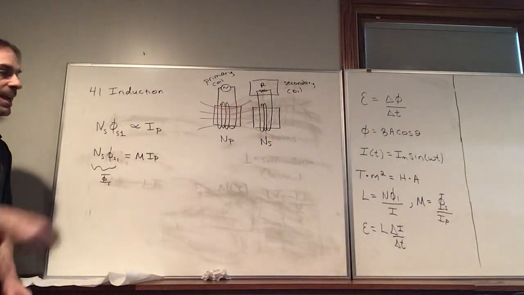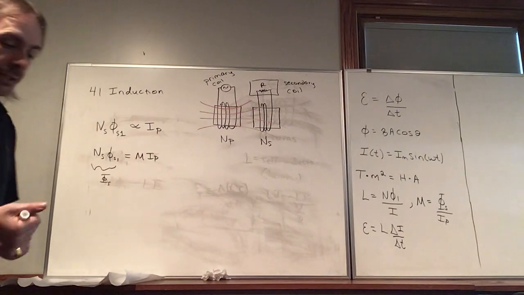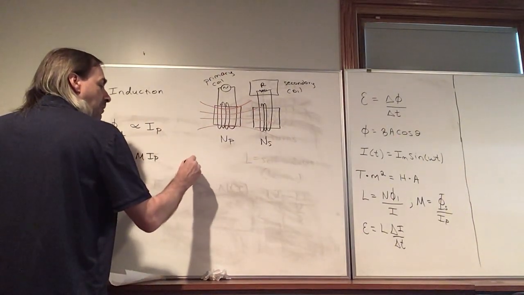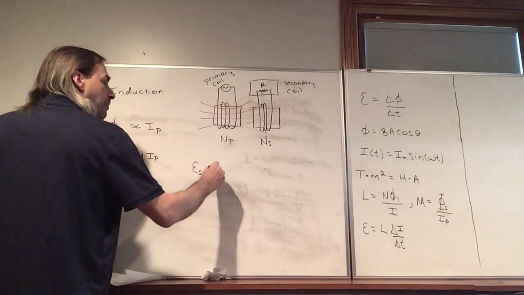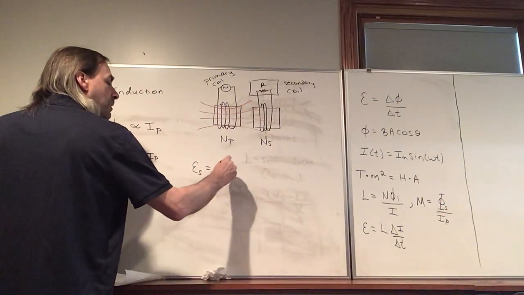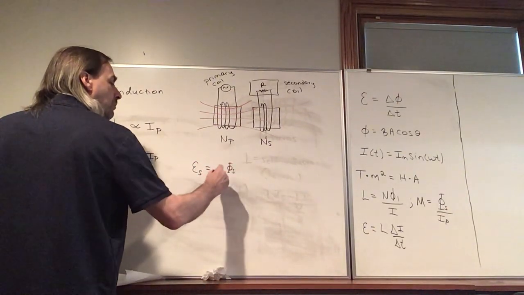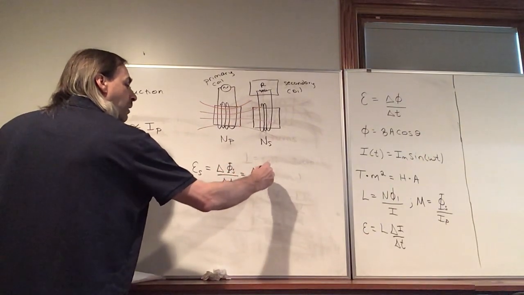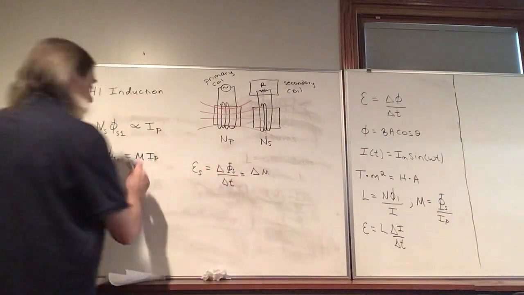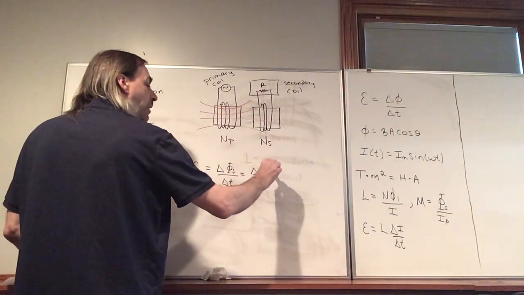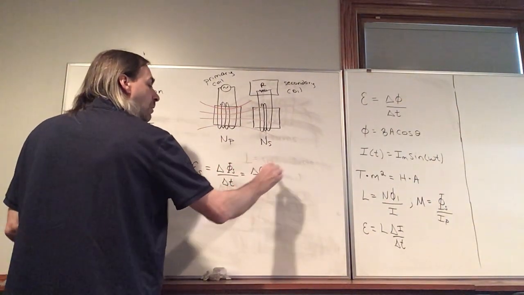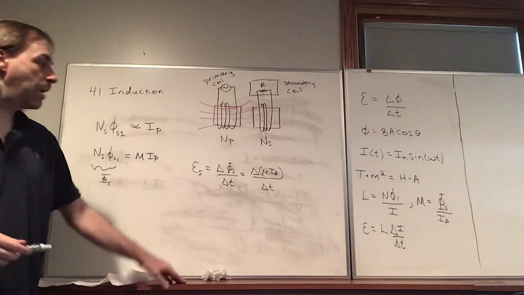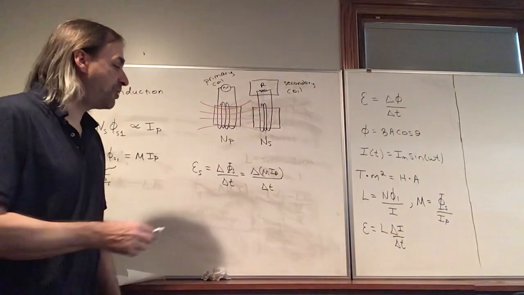Okay, and again, applying Faraday's law to this. The EMF in the secondary coil would be the change in flux in the secondary coil over time. So that would be M times delta IP over delta T. Now, just like before, M is constant, the current is changing.